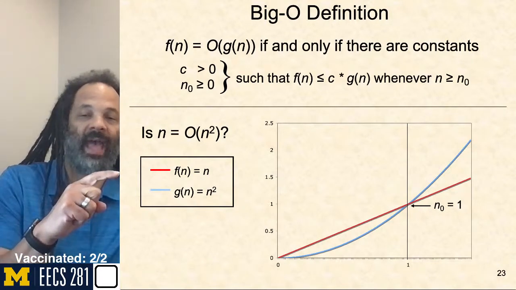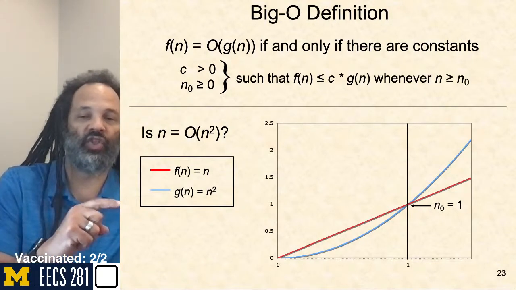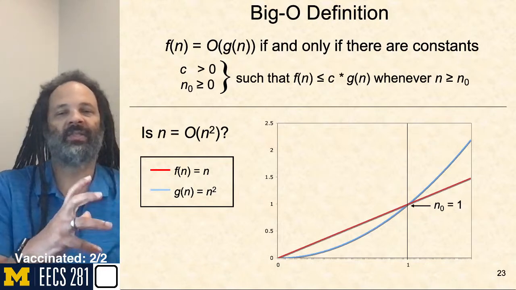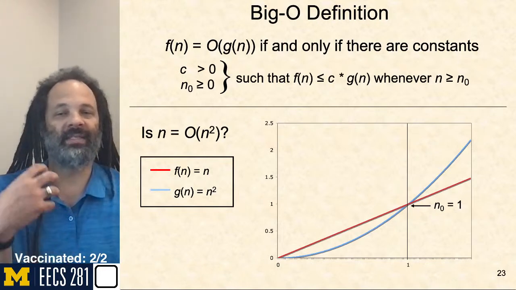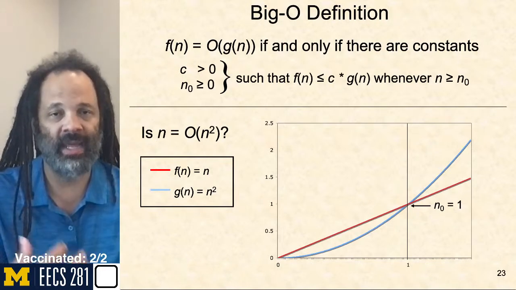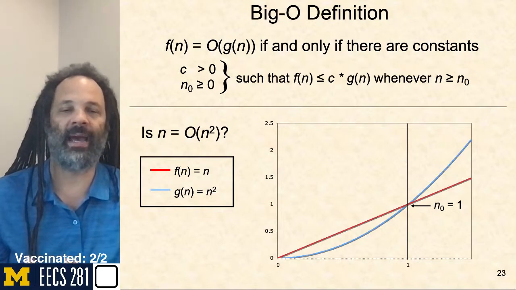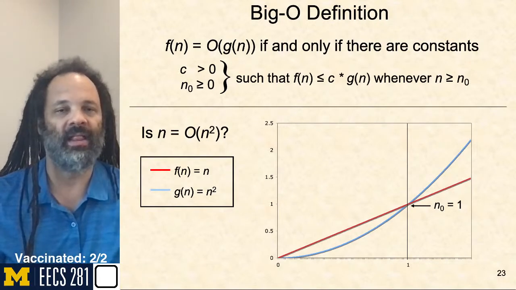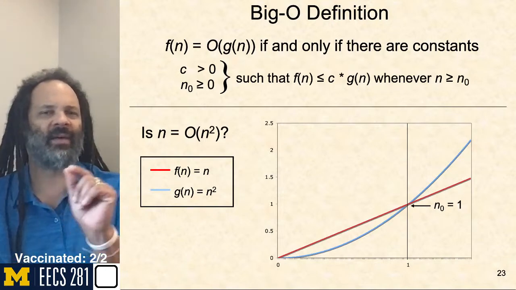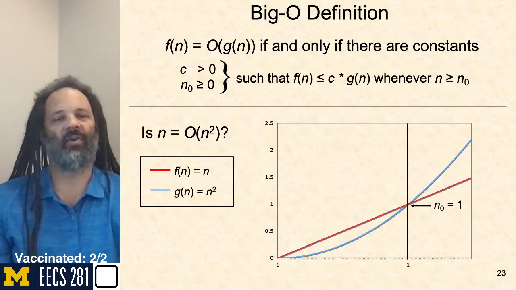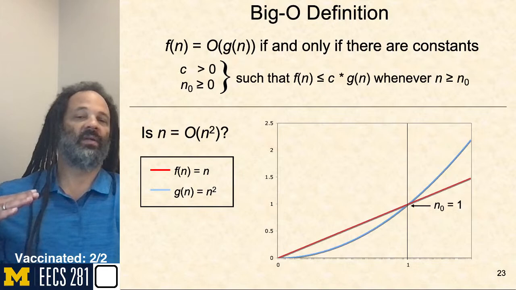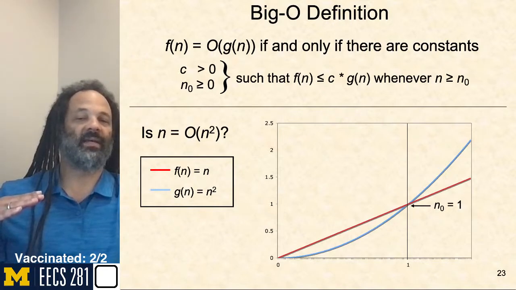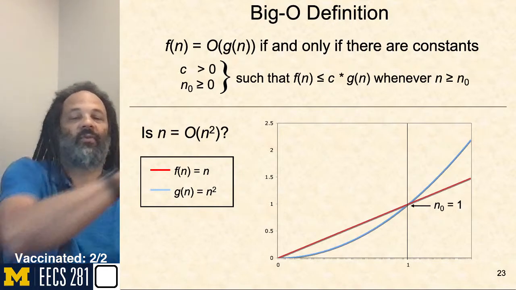This f of n is just n. This g of n is n squared. And so the definition says as long as f of n is less than or equal to c times g of n, n squared, then I'm good, if I've got some n sub 0. In the graph, there's this linear line that starts at 0 and takes off like that.